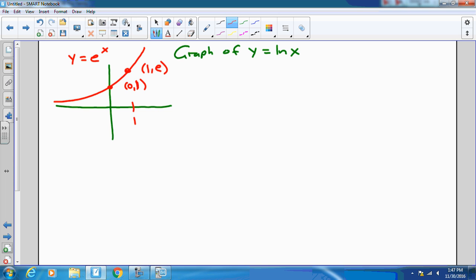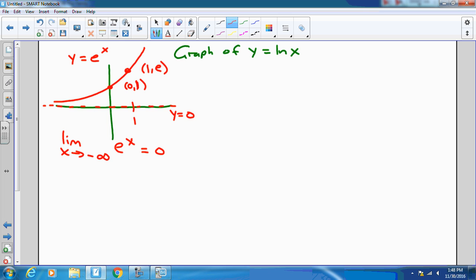And the third special point is not a point, but it is the horizontal asymptote y equals 0. In other words, the limit as x goes to negative infinity of e to the x is equal to 0. These are the things that everybody needs to know about the graph of e to the x.